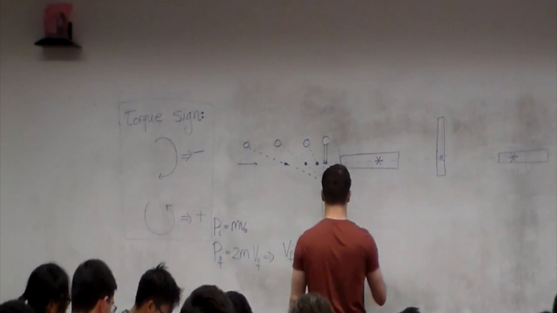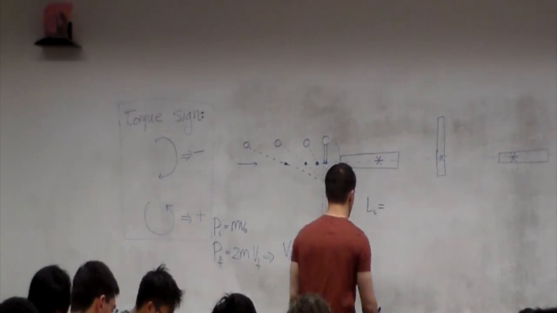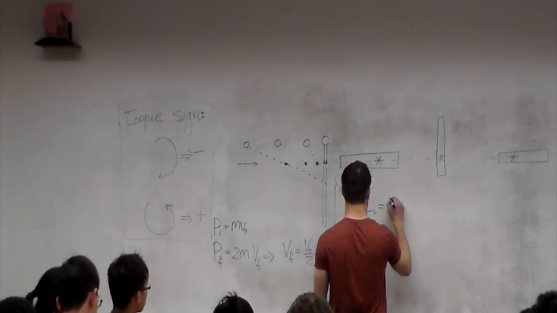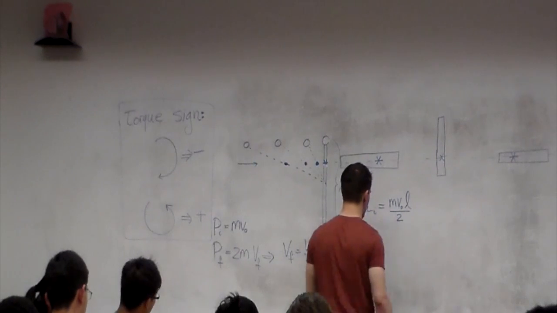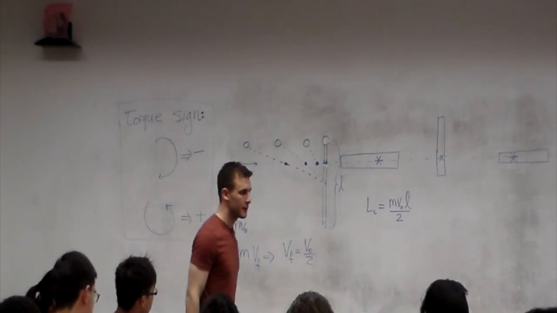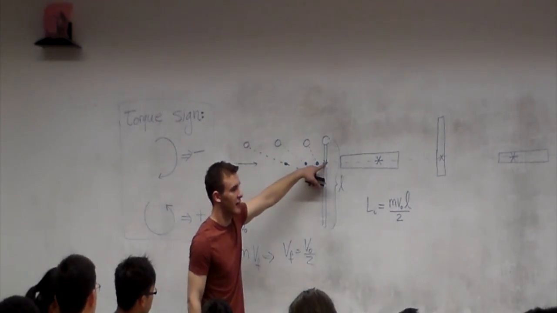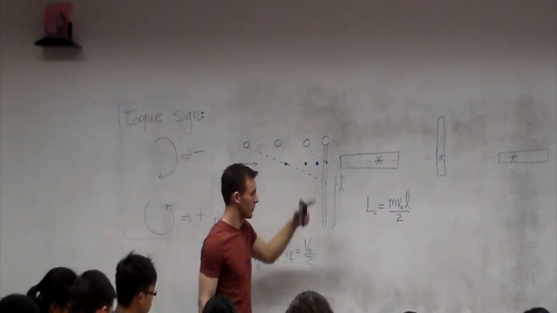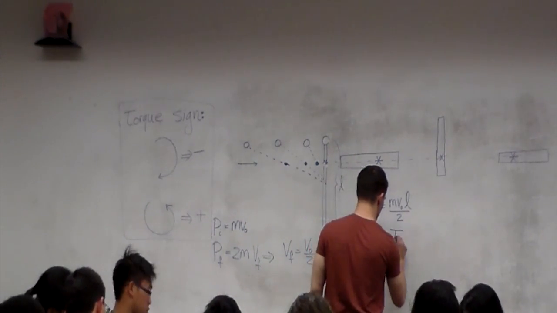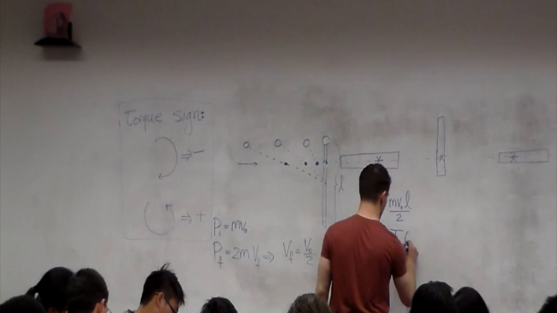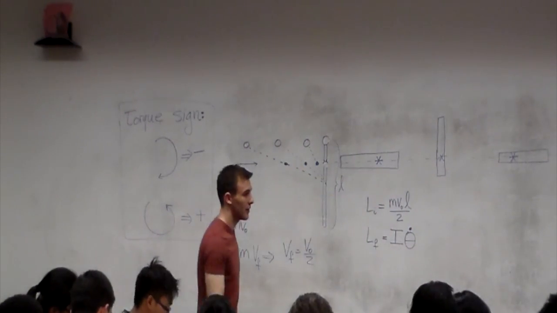How about the angular velocity? Well, the initial angular momentum, L sub i, is equal to, what do we have? We said m v naught times little l over 2. How about at the end? About which point? How about this point? We can calculate the moment of inertia about this point. So L final is equal to the moment of inertia times theta dot about this point.